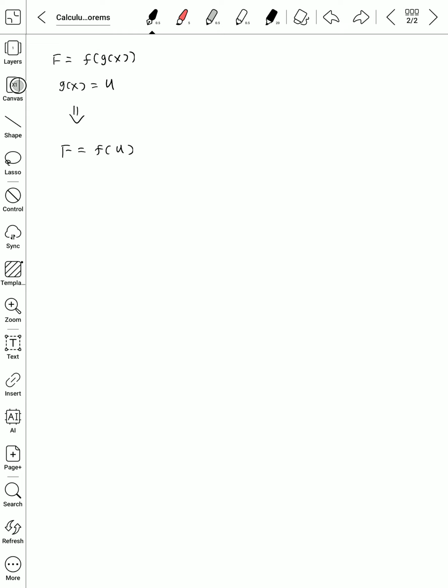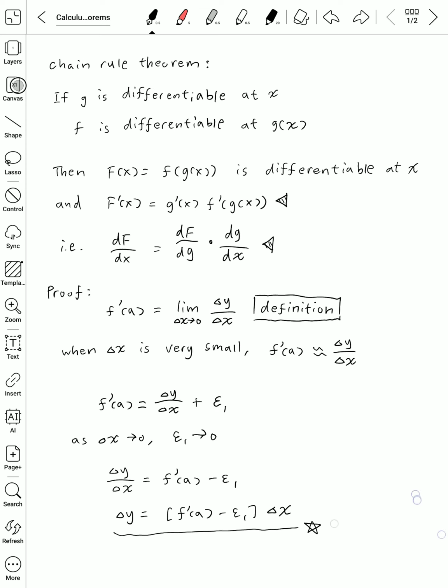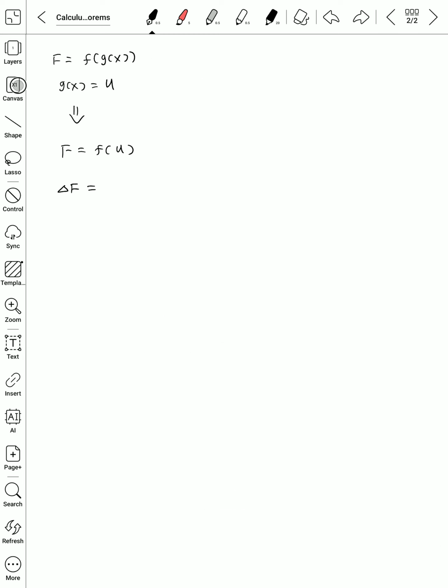So if we think of u as an independent variable, and we think of f no longer as a composite function, but just a function of u, then the increment of f would be, and we're going to use this relationship here, equal to the derivative of f at, say, u.